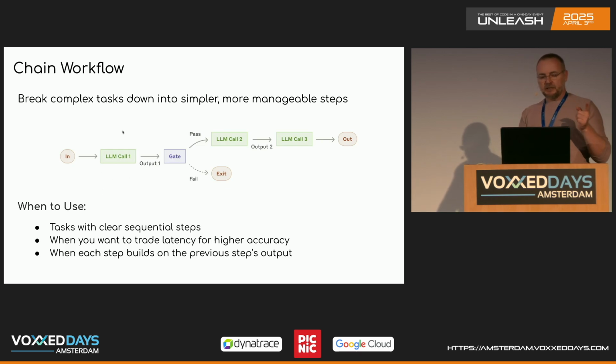For example, in the simplest one, the chain workflow, you as a human may decide what are the LLM's actions that you would like to be performed in order to solve some task, and then the output of one is chained to the next one in order to solve the problem.